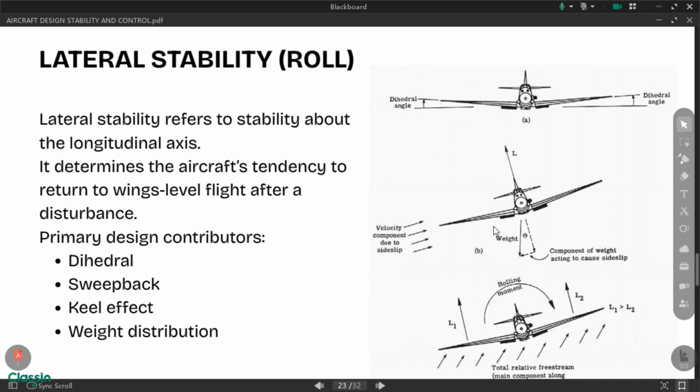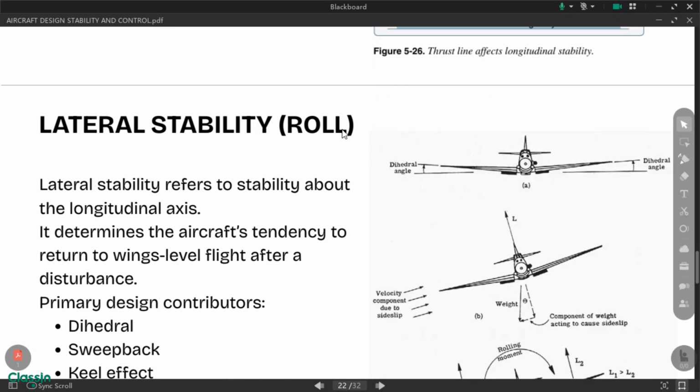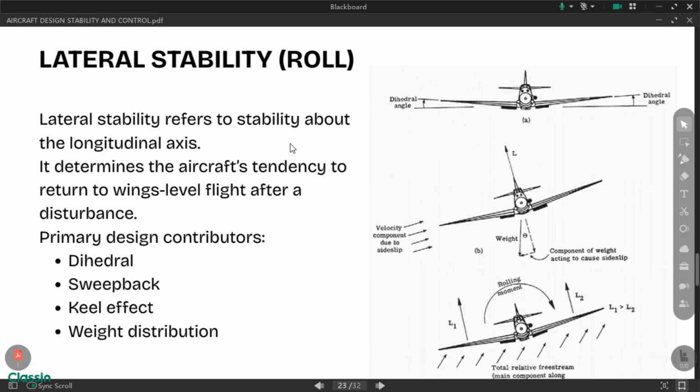So, lateral stability. So, everything we've discussed so far focused dun sa pitch stability, tama? So, we will now move sa roll stability. Dito, ang ginagamit mostly for lateral stability focuses sa geometry features ng aircraft natin, such as yung dihedral, yung sweep back, yung wing placements, yun yung mga keel effects.